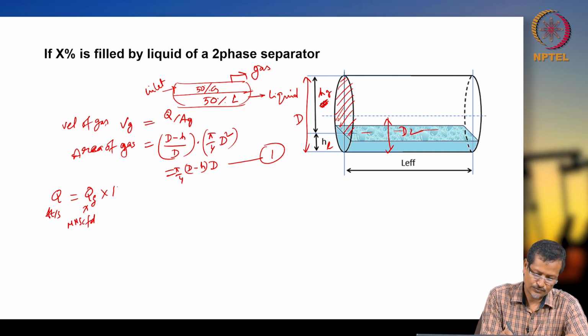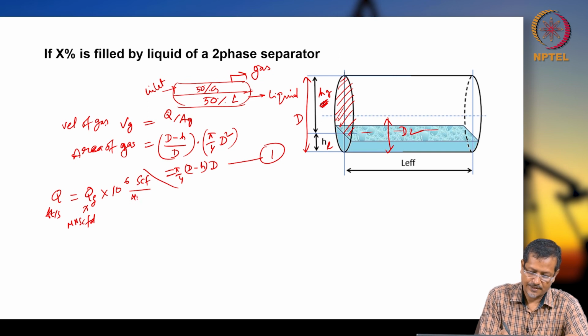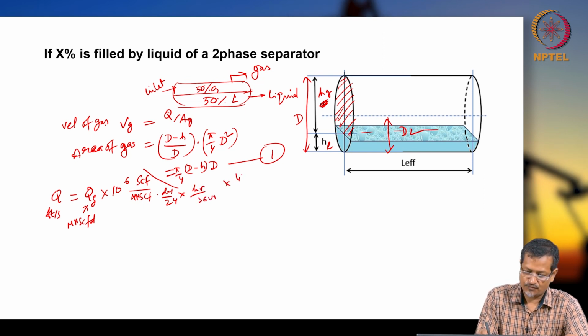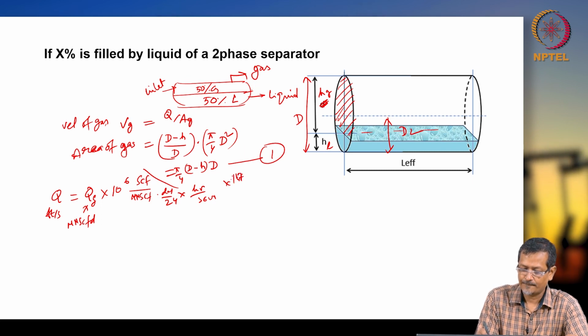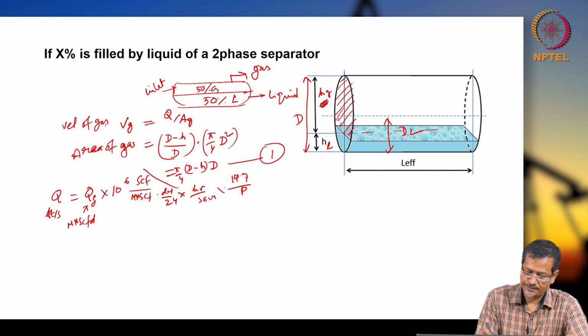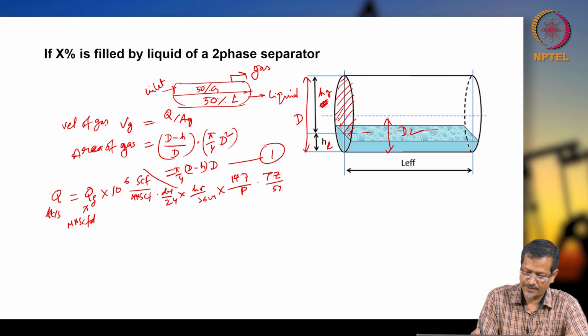So Q gas into 10 power 6 SCF, same formula you use for MSCF, into day per 24 into hour by 3600 into 14.7 divided by pressure into TZ by 520.